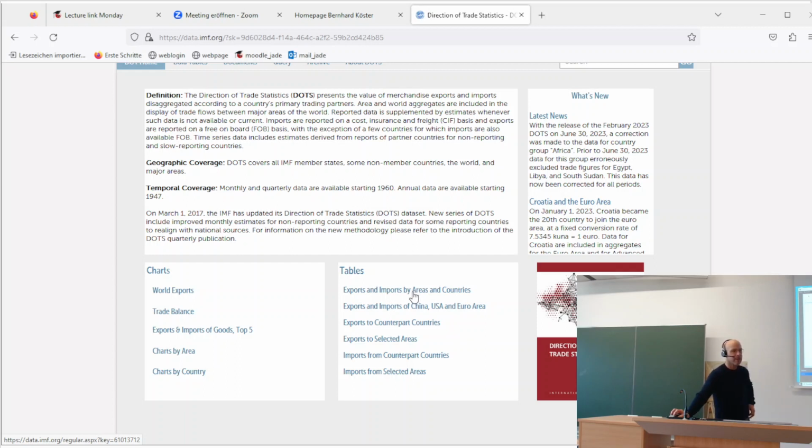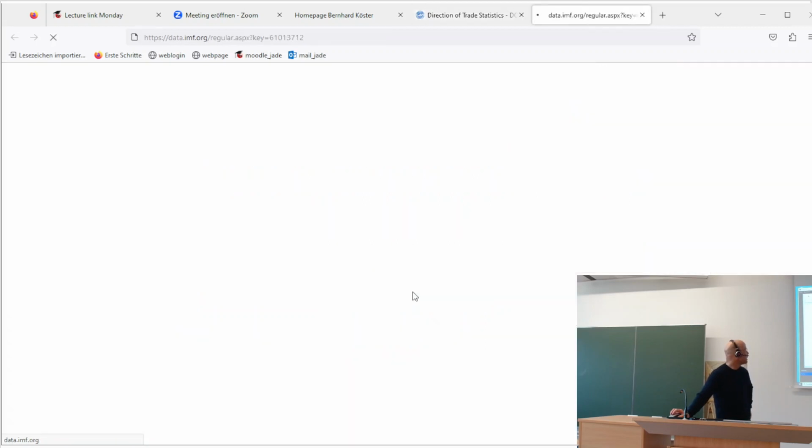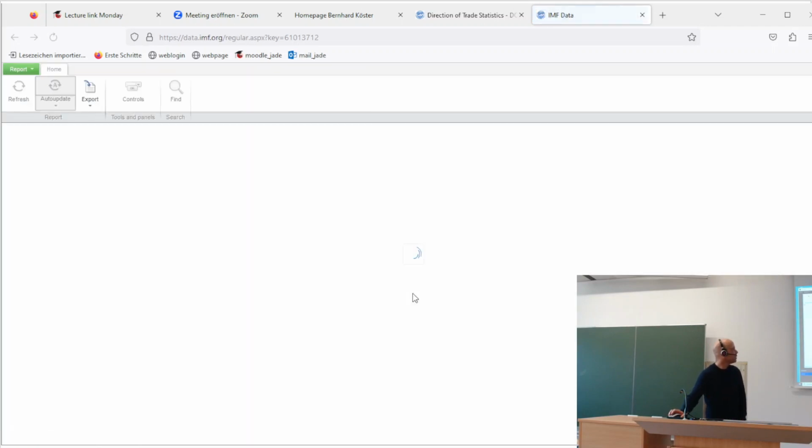So there you can find really good data when you want to know who is the largest trade partner of your country or something like this.